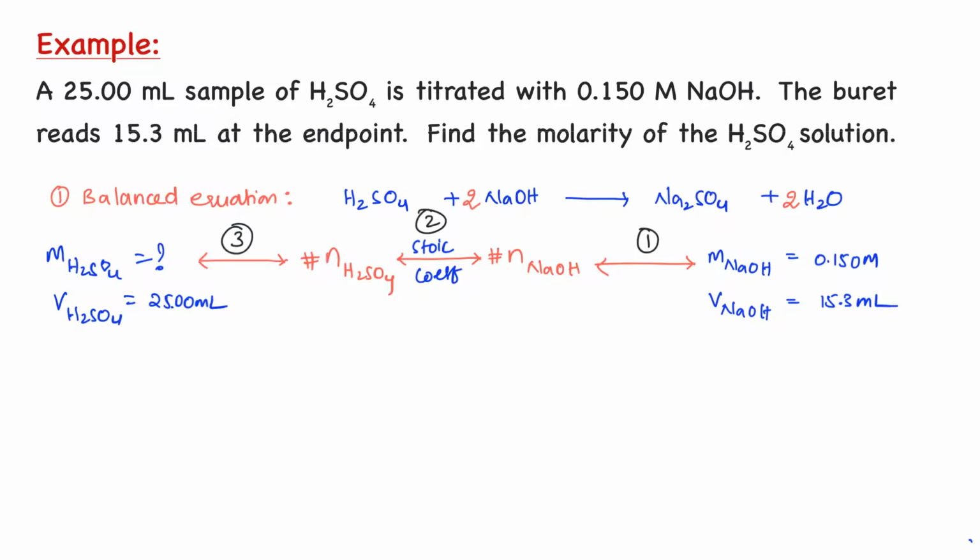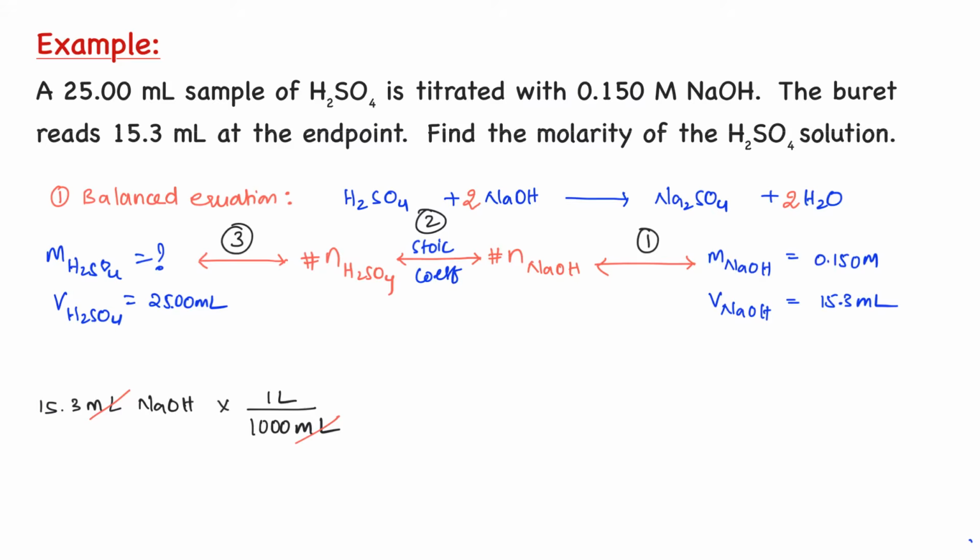We start with 15.3 milliliters of sodium hydroxide and convert milliliters of sodium hydroxide into liters of sodium hydroxide using a conversion factor. Milliliters of sodium hydroxide gets cancelled. Now we have liters of sodium hydroxide.